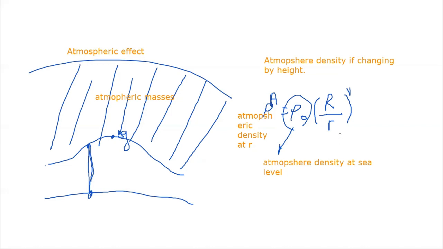So the only thing which makes the derivations different from the topographic effect is that the atmosphere cannot be assumed constant. It is changing radially. So how do we solve this atmospheric effect?